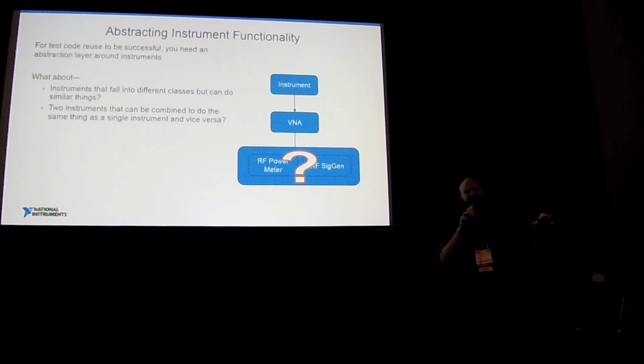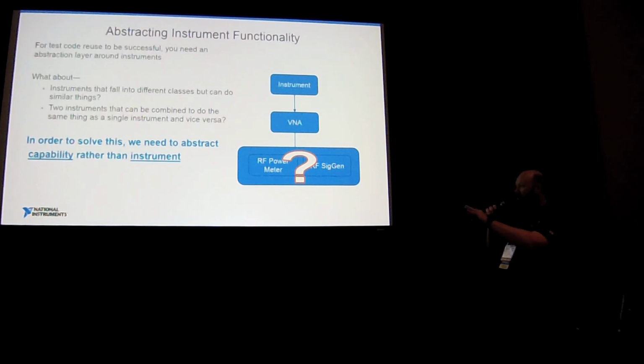This can also be done if you had just a source and you wanted to use a DMM to transfer the accuracy to your source. You can have a kind of feedback where you're measuring and you're adjusting your source output based on your DMM's measurements. And so internally, what we've discovered is that we need to abstract out the capability of the instrument rather than the instrument itself from a product class.